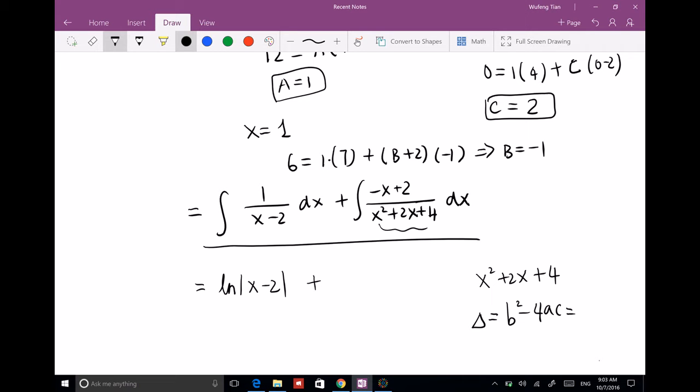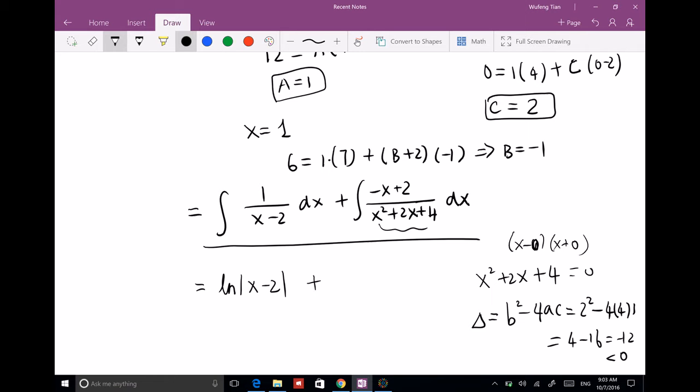We check: b is 2, squared, minus 4 times 1 times 4, which is 4 minus 16, which is negative 12. And this is less than 0, which means there is no real solution if I set this equal to 0. So you can't factor it. If you factor it as x minus, x plus, whatever, you are not going to have a real number here. You only have an imaginary number.